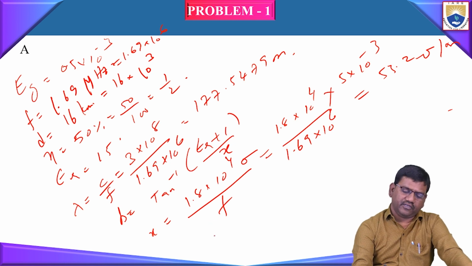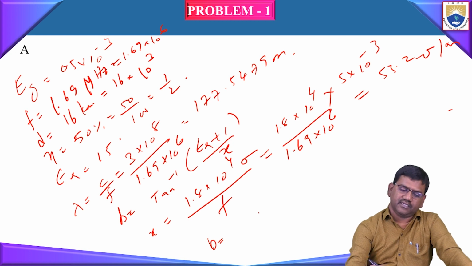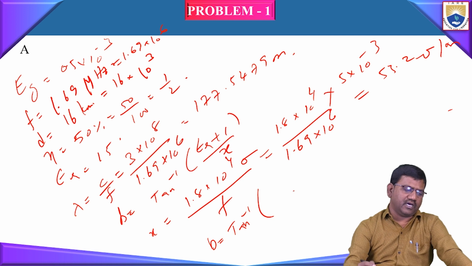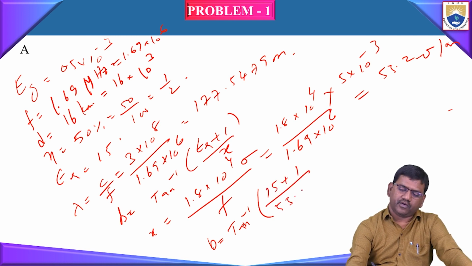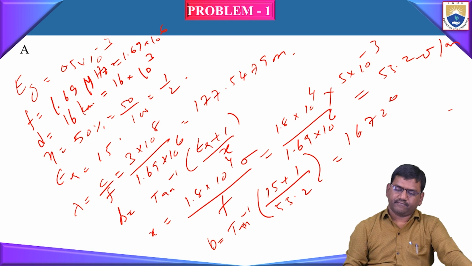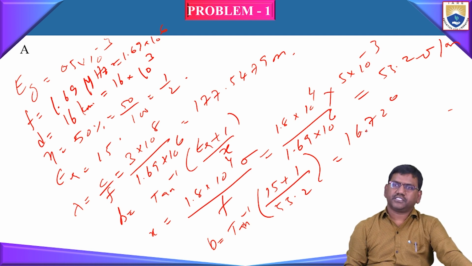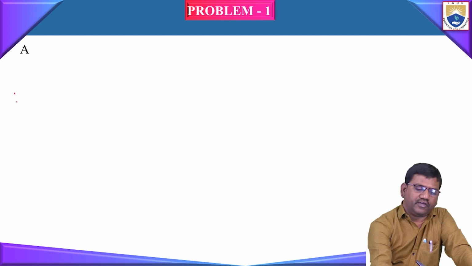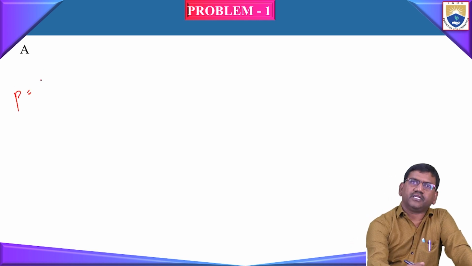Similarly, you are going to find out the value of b. So b is equal to tan inverse of (epsilon r plus 1) by x. So tan inverse of the value of epsilon r, given as 15, plus 1, by 53.2. So you will get b approximately equal to 16.72 degrees. And we are going to find another auxiliary variable for a vertically polarized antenna.